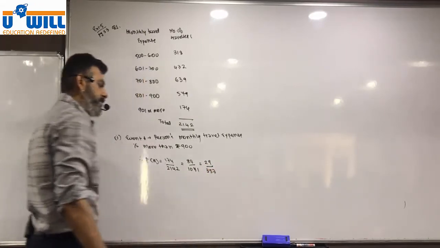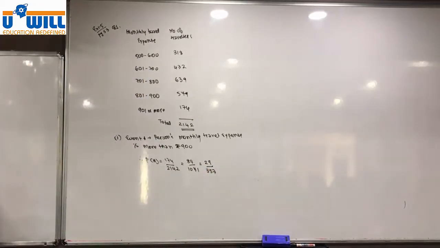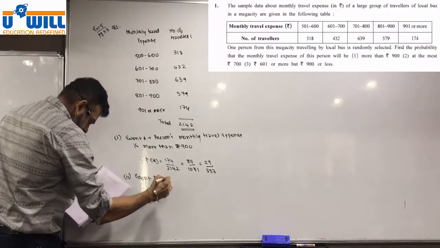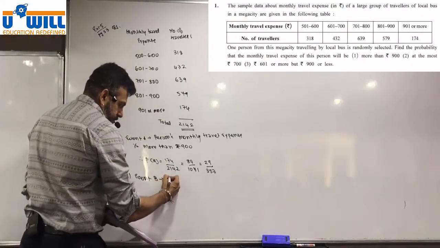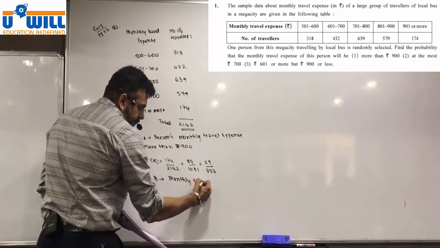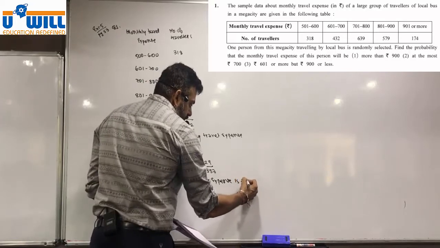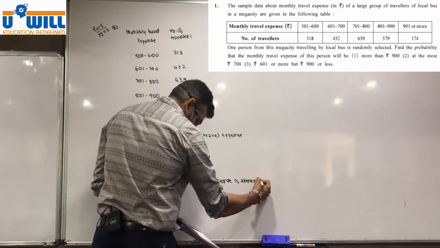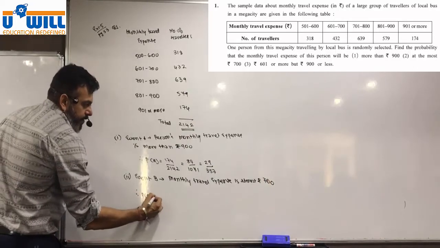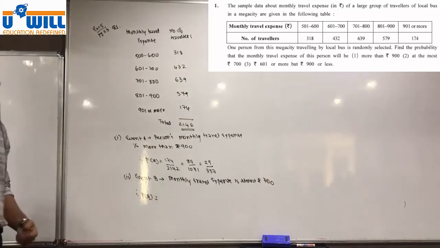Okay. Second, event B, denote that monthly travel expense is at most rupees 700. Therefore, probability of B, at most 700, that is, at the most 700.